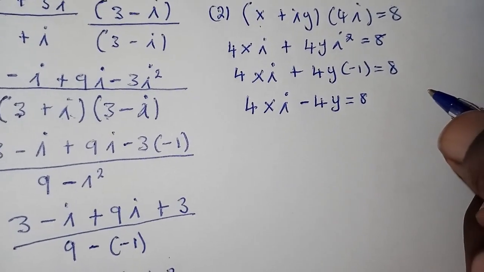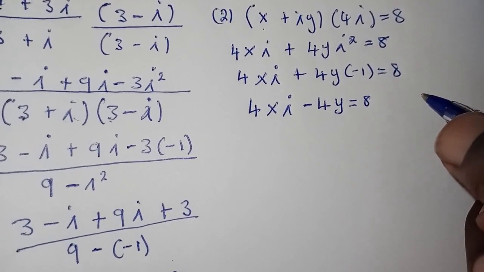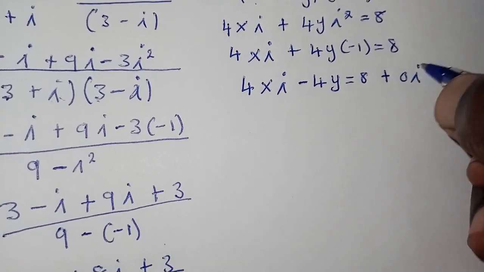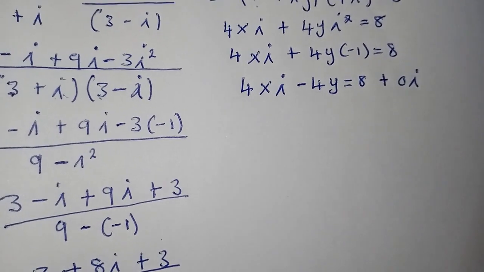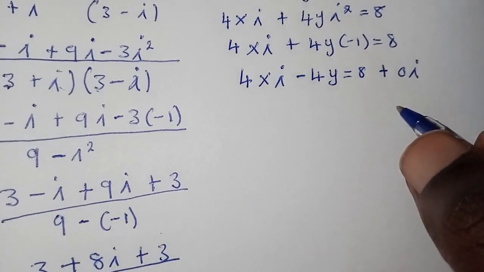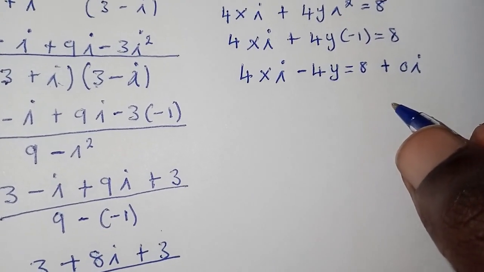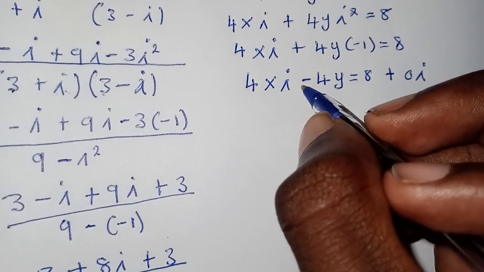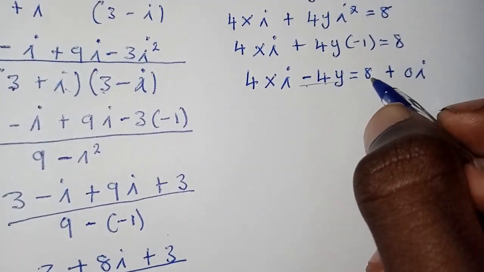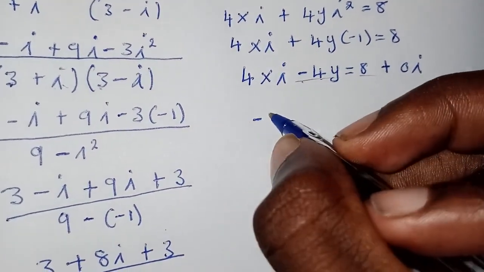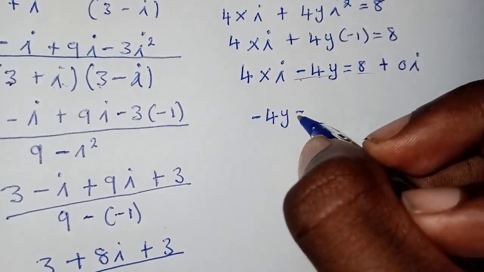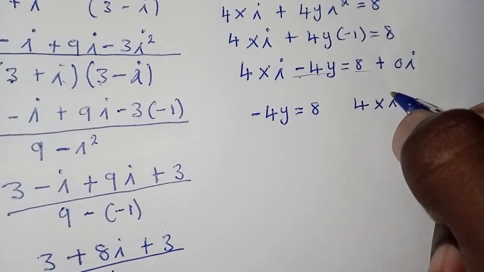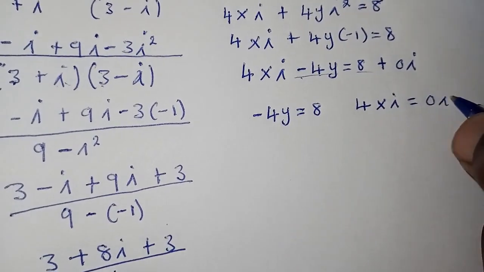When you reach here, remember that here we have 0i, which we can't see. So make sure that you collect whatever is real and equate, correct? And then you collect whatever is imaginary, you equate. So this is going to be negative 4y equal to 8, and 4xi equal to 0i.